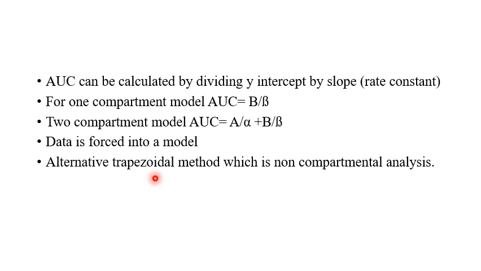So the advantage of this trapezoidal method is that data is not forced to fit into a model, as I have discussed earlier. And this minimizes the error introduced by manipulation, as in case of compartment models.